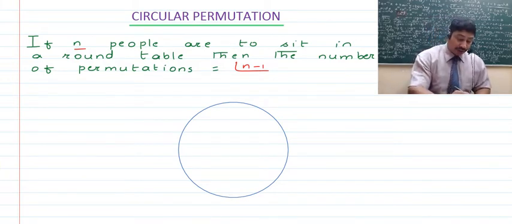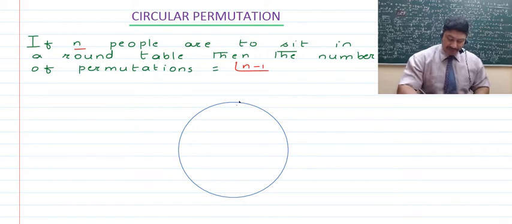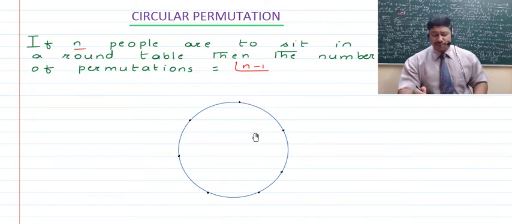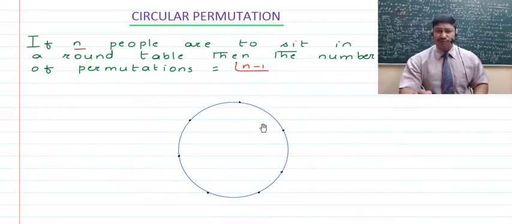And no altercation for that matter. So these are the different people who are sitting on the round table, and let's say these are all n in number. If we want to find out the number of arrangements required so that all the discussion happens in a cordial environment, then the number of arrangements possible will be factorial of n minus 1, right? So you've got to remember this formula.